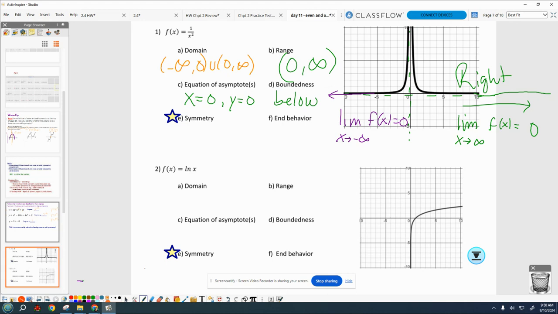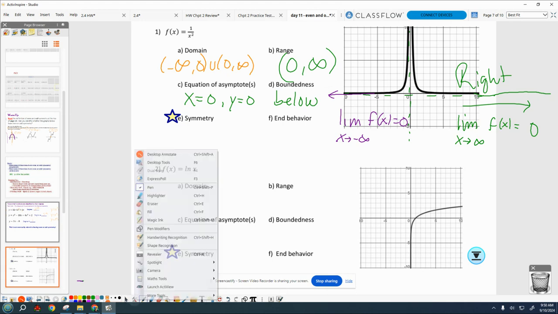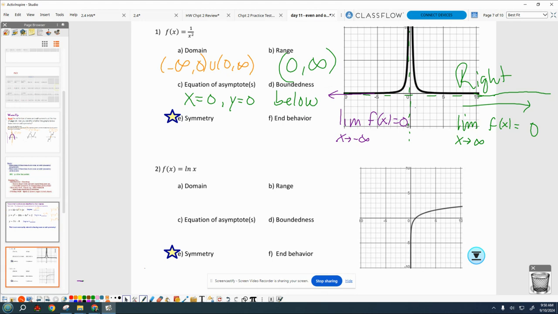So the new one is symmetry. Does it have odd symmetry? If I pick it up and turn it over, Adar, is it going to be the same thing? Is it odd symmetry? Can I spin it around the origin and see the same thing? So if I turn this upside down, this will be interesting.